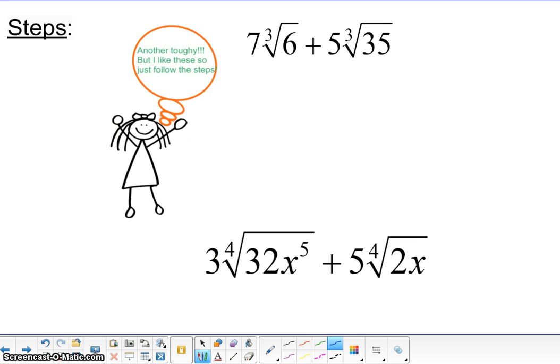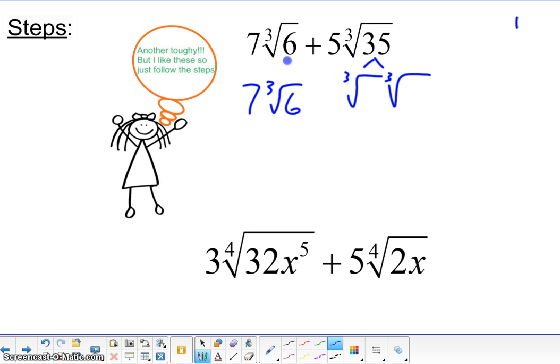Here's some more with radicals that are not the same. So if we're going to split this into a perfect cube and what's not a perfect cube, there is nothing besides 1. So there's nothing to break down. Okay, so I'm going to erase that and just write 7 cube root of 6. 35, let's see if there's a perfect cube. Mentally, let's just think of the perfect cubes.